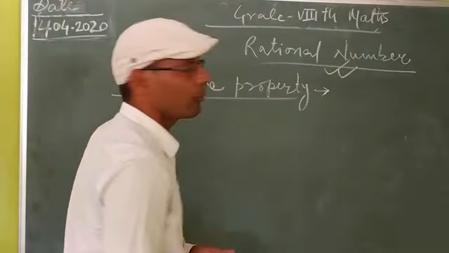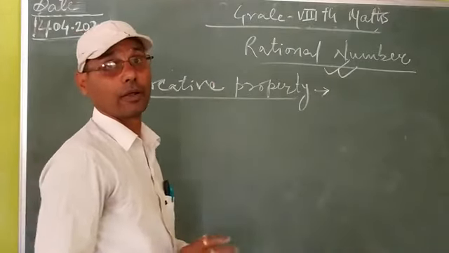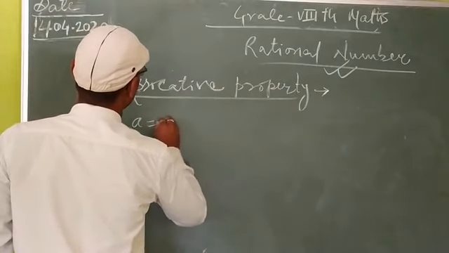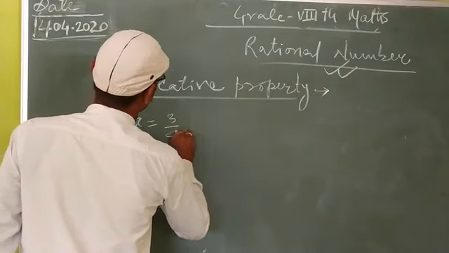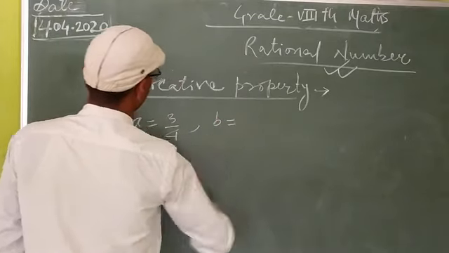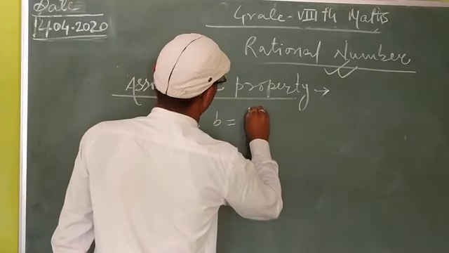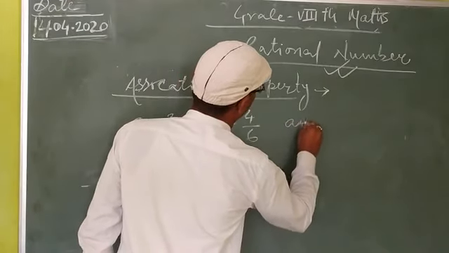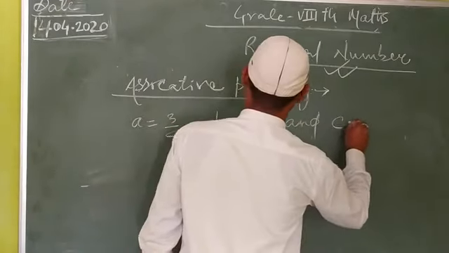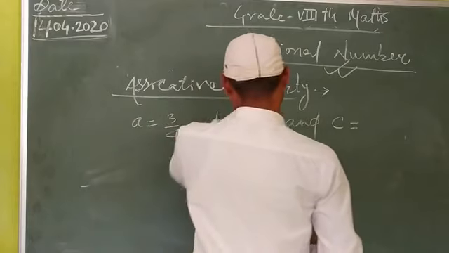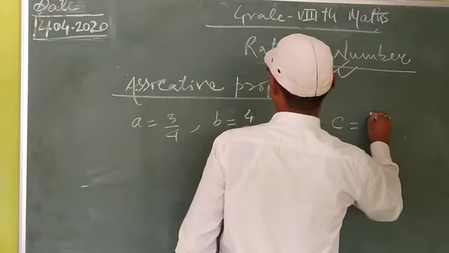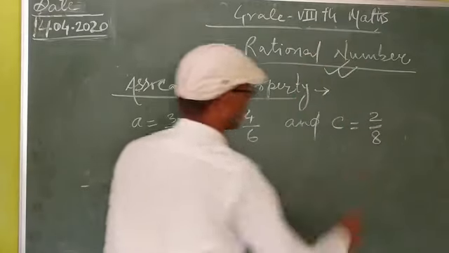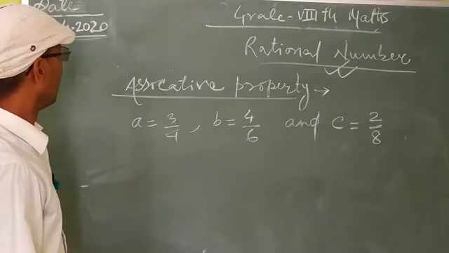Now the product of three rational numbers. Suppose I am taking here A 3/4, B suppose 4/6 and C, any rational number you can take, 2/8.